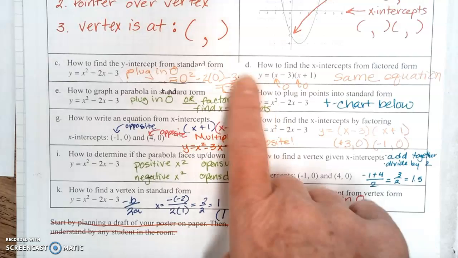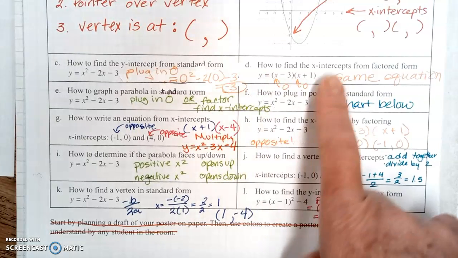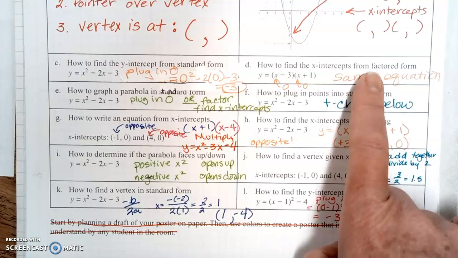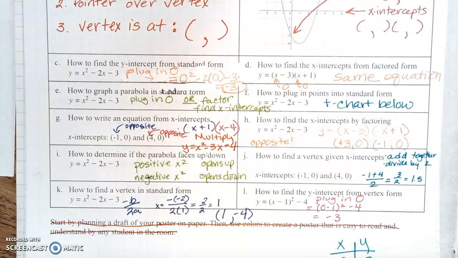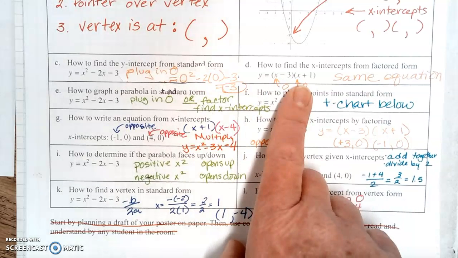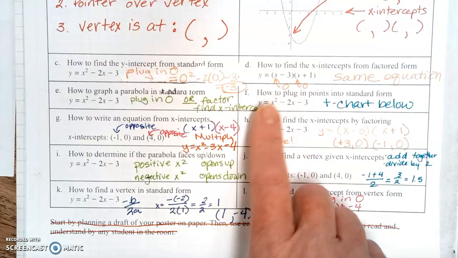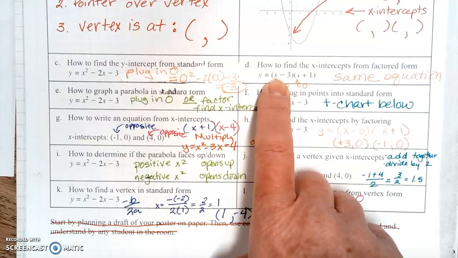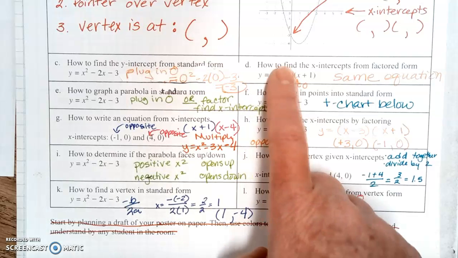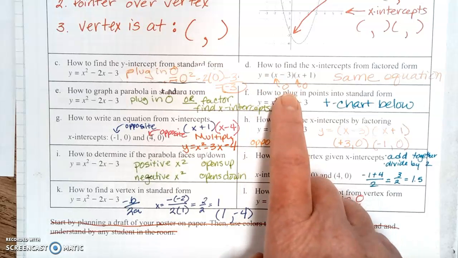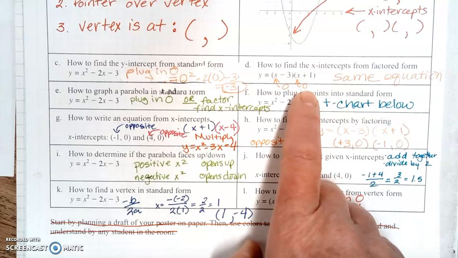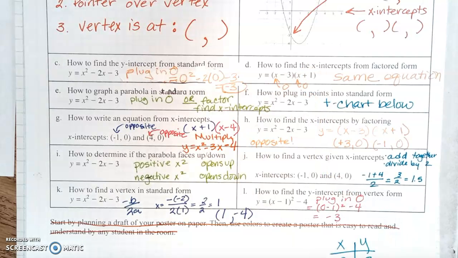And then box D says, how do you find the x-intercepts from the factored form? So this is the same equation, but in factored form. You want to determine what number is going to make this factor 0, and what number is going to make this factor 0. So what number do you plug in for x to get 0 by subtracting 3? 3. 3 minus 3 is 0, right?